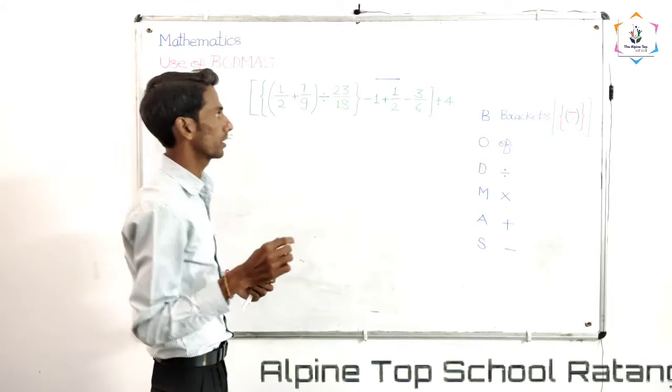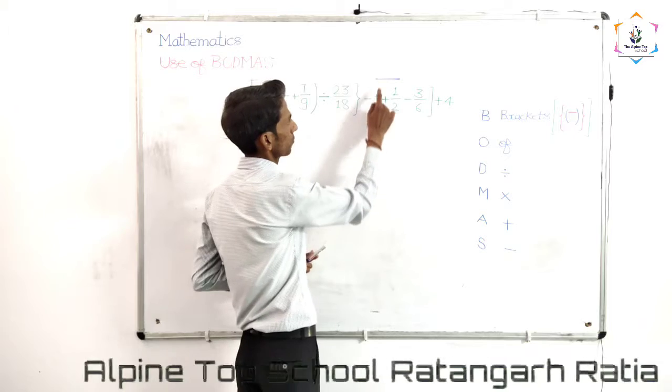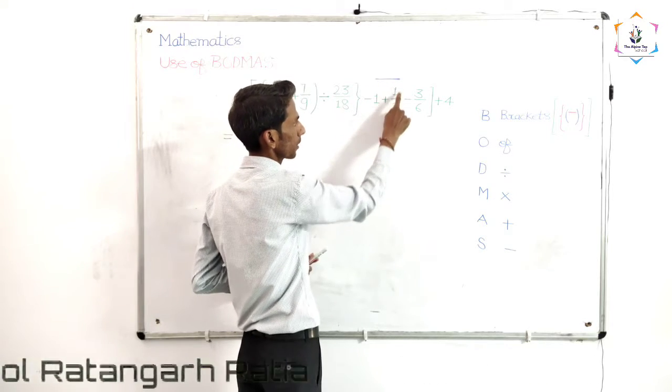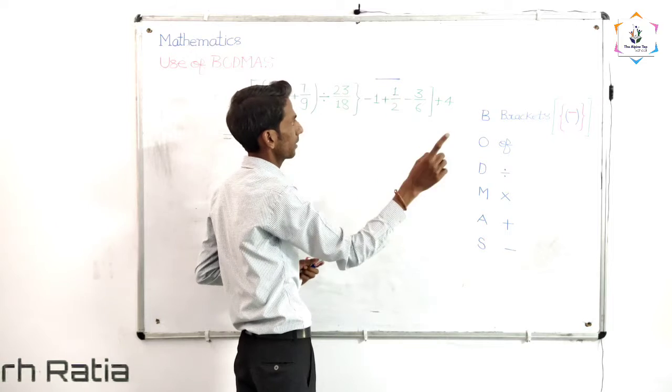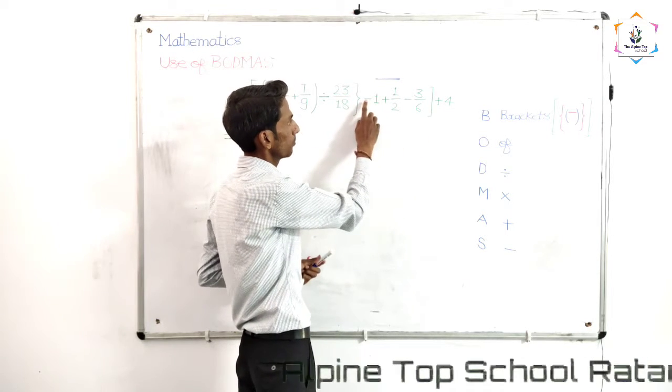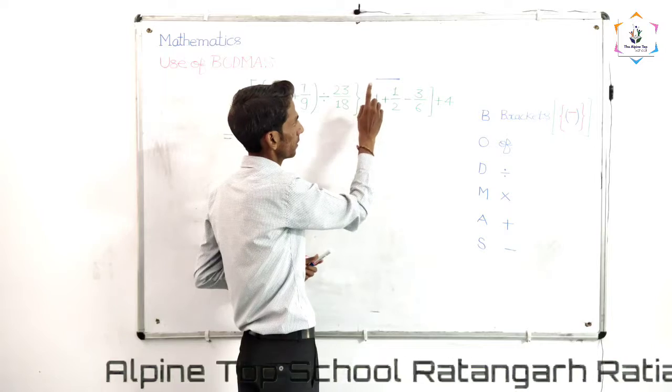It means whenever you start to solve the line bracket, you have to add 1 and 1 by 2.